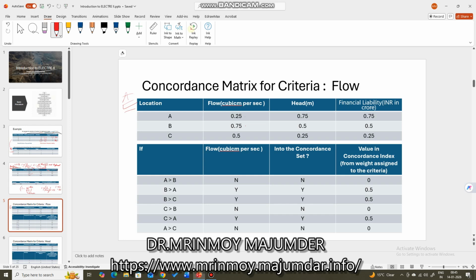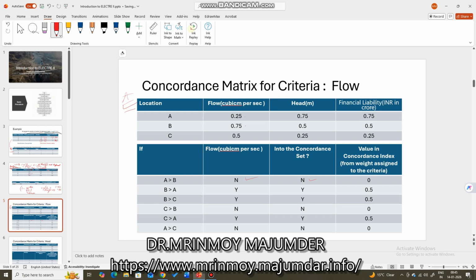Certainly, A doesn't outrank B, or is not greater than B. So that is why for flow I have written here no. And as I have just explained, if A outranks B, then it becomes a member of the concordance set. Otherwise, it is not a member of the concordance set. So, no, it doesn't go into the concordance set.